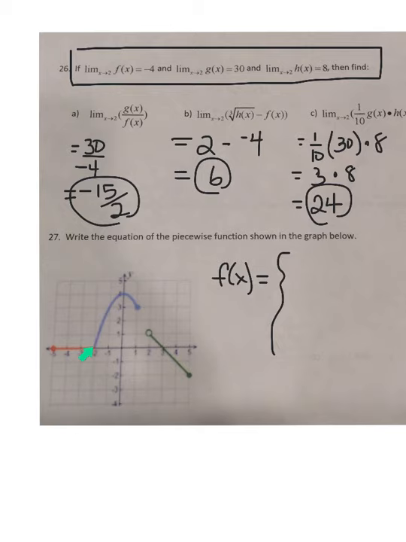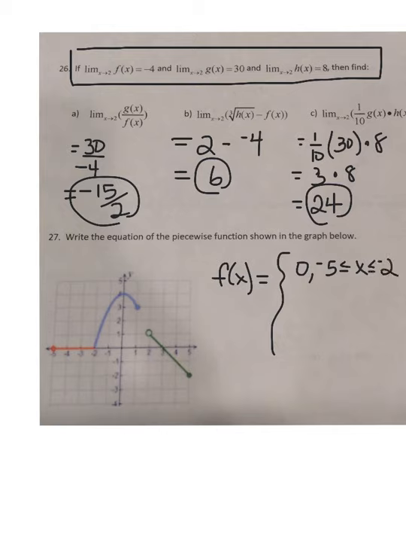It's a horizontal line, so that's just y equals 0 because it's on the x-axis. So we have 0. And again, that graph is going from -5 is less than or equal to x is less than or equal to -2.